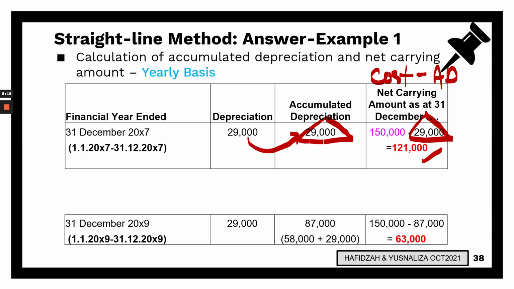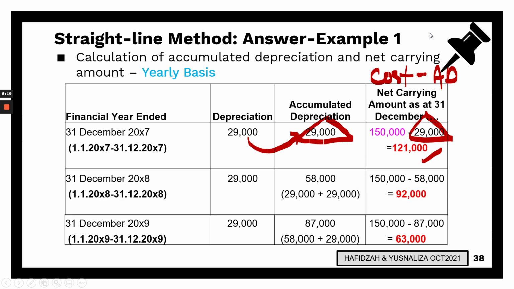AD is accumulated depreciation. For the second year, 2000x8, you take the previous year's balance added with the second year's depreciation, and the accumulated depreciation will be 29 plus 29, which is 58.